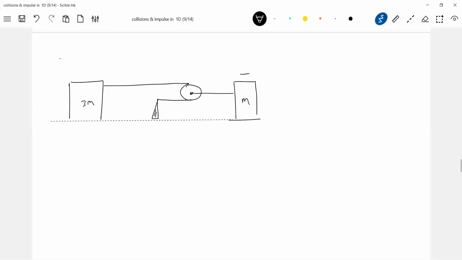An impulse J is applied on the block. Initially it is at rest. An impulse J is applied. What will be the velocity of the blocks?